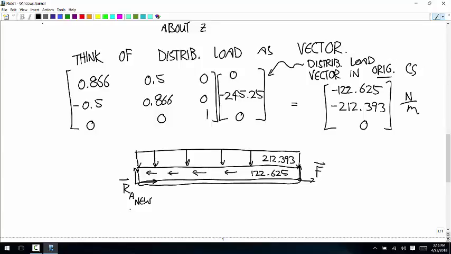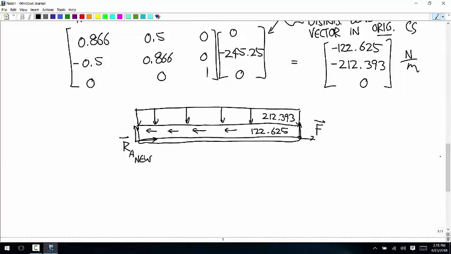The RA new or the, okay. Well, so these are both uniform distributed loads, and so let's think about what happens. This horizontal distributed load is acting right along the length.